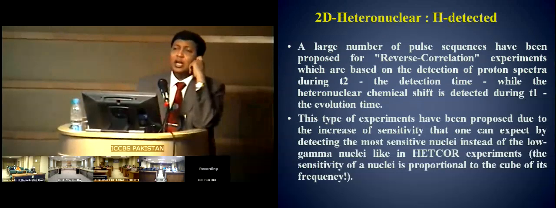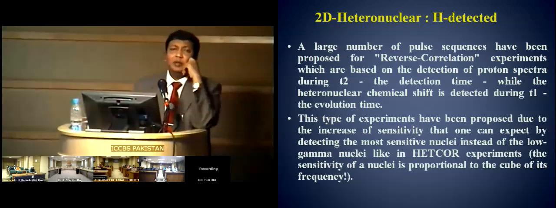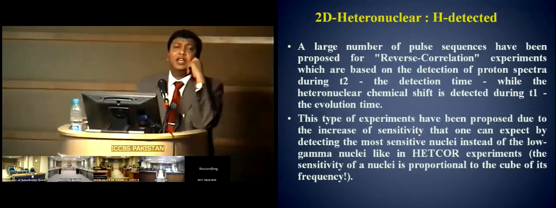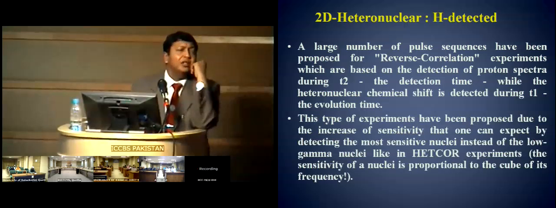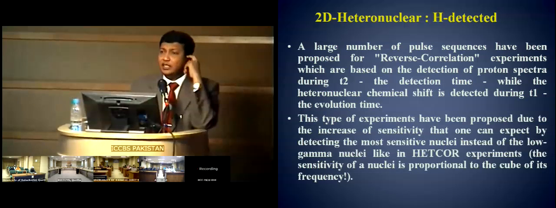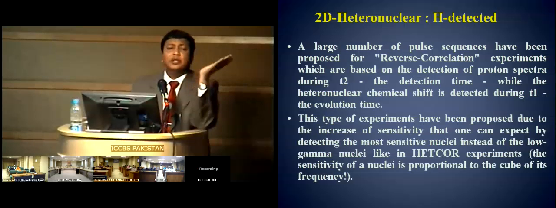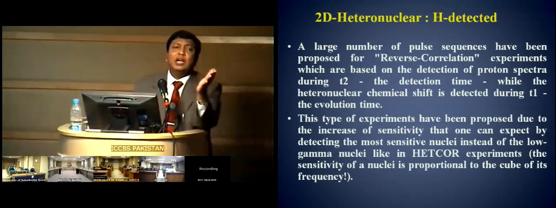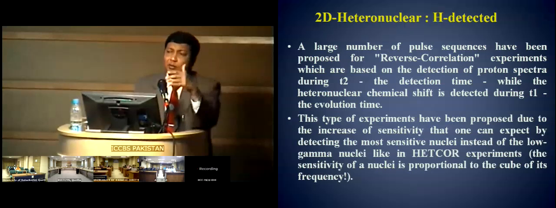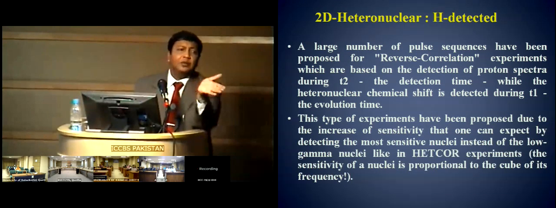In the inverse NMR experiment, people said, why can't we detect carbon-13 or insensitive nuclei through proton, so-called H1 detected? Exactly inverse you need to do. What is your source nuclei? Carbon-13. What is detected? Proton.